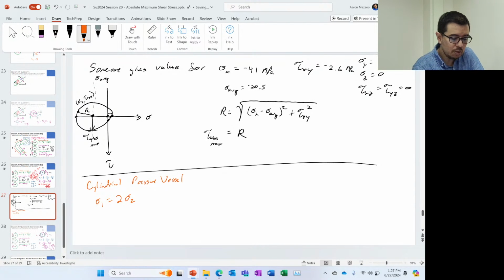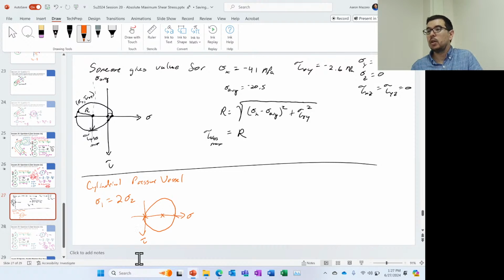So when you start looking at the Mohr's circle for these types of systems, what you see is boom, boom, and then the third one is right there. And so in this case, it's not the in-plane that's the maximum. It's this other one, like a 1, 3. That's going to give you a tau 1,3 that's going to give you the absolute max of shear stress. Okay, does that make sense?